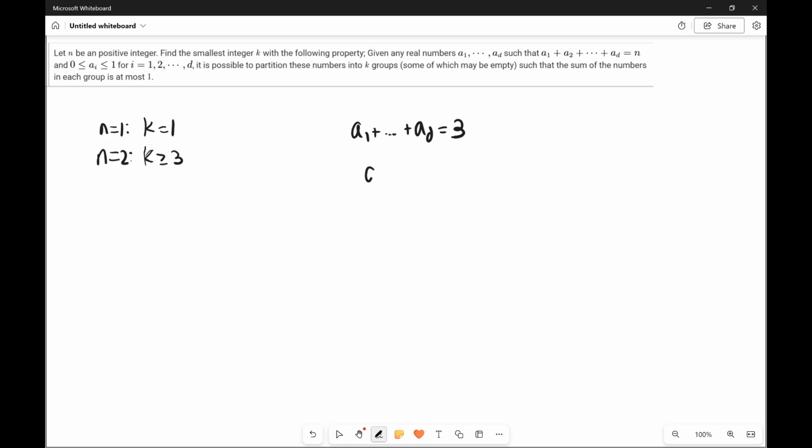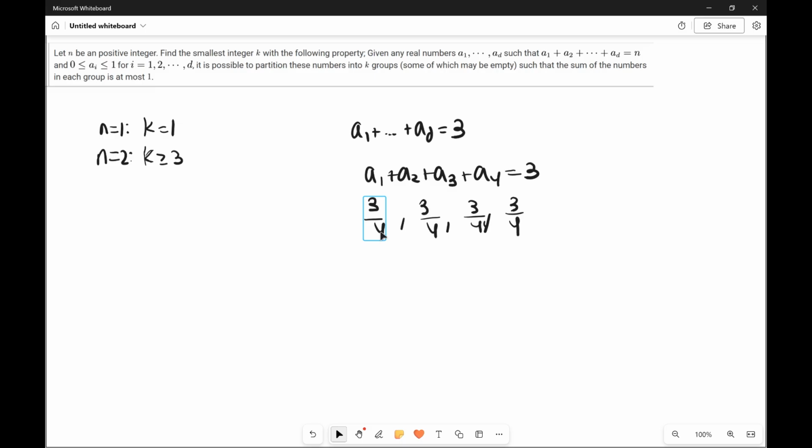So then we have a1 plus a2 plus a3 plus a4 is equal to 3. And we can do the same trick of setting the numbers equal to get 3/4, 3/4, 3/4, and 3/4. And combining any two will make the sum greater than 1. So k is at least 4.